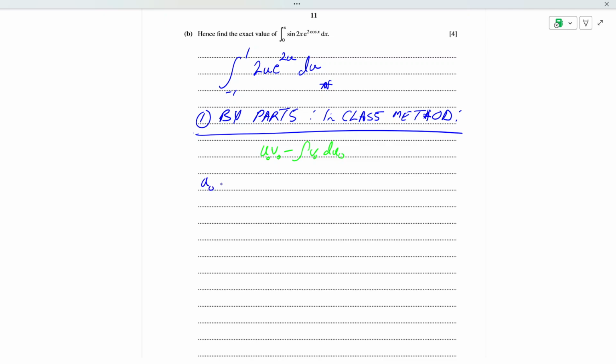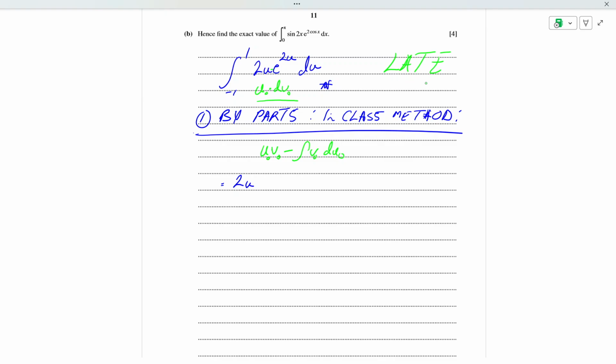So u naught is now equal to 2u, and you use LATE to choose which value assumes u and which assumes dv, because this is essentially u naught multiplied by dv naught. That's how you're treating these functions, and then you use LATE to assign those values.